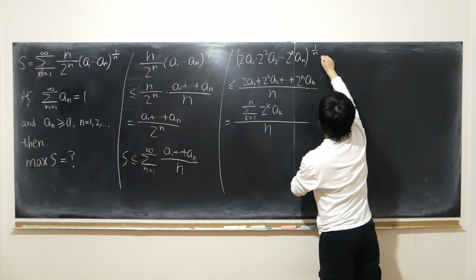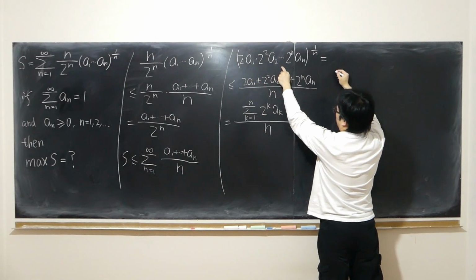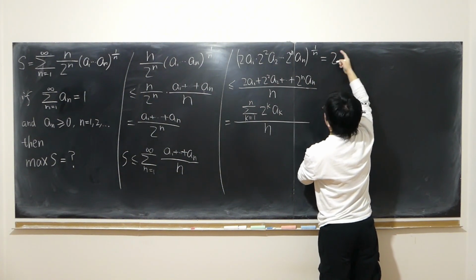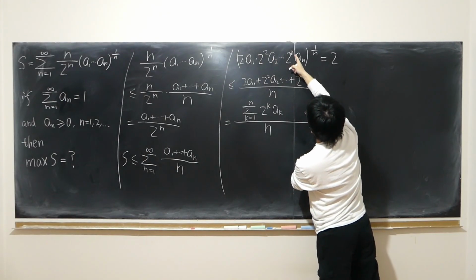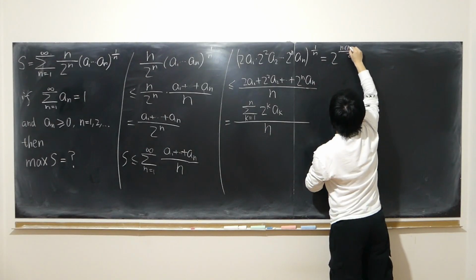At the same time, let's simplify this. So 2 times 2 to the power of 2 times 2 to the power of 3. We have a common base of 2. So 2 to the power of 1 plus 2 plus 3 all the way up to n. We have the formula, that is half of n times n plus 1.